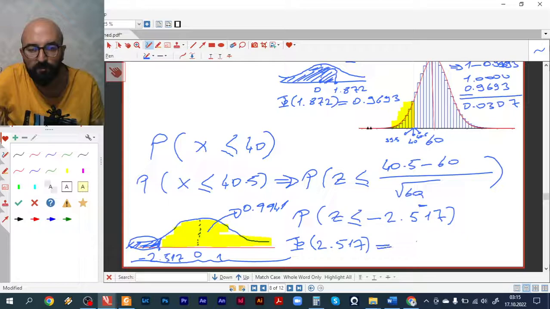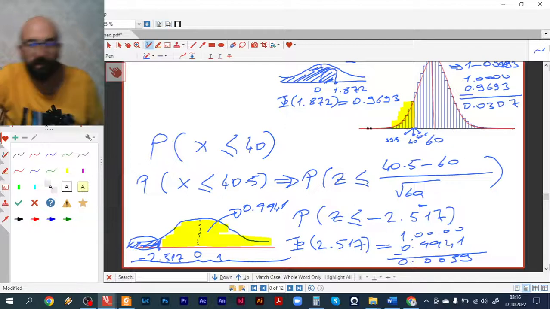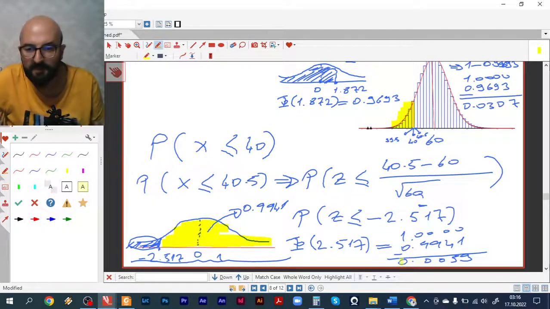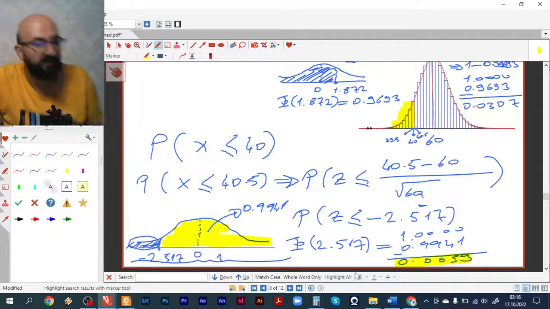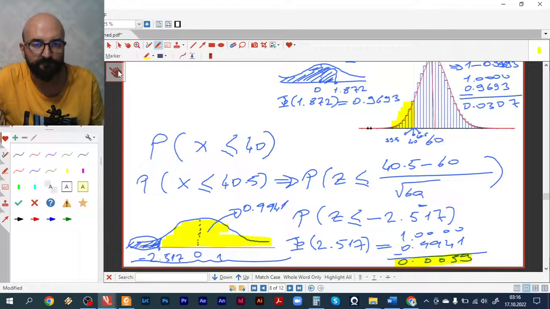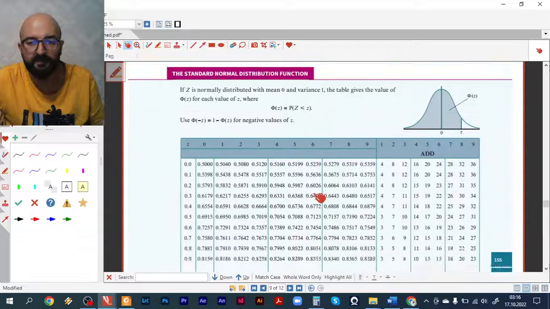To figure out the small area, Z less than or equal to minus 2.517, you should find 1 minus 0.9941. Our result is 0.0059.